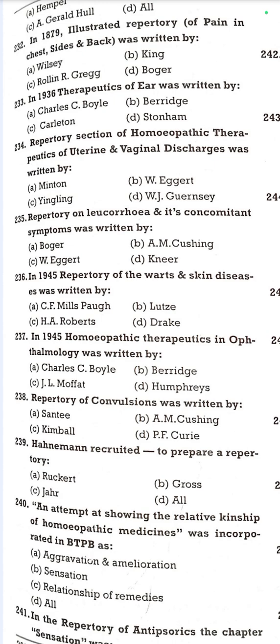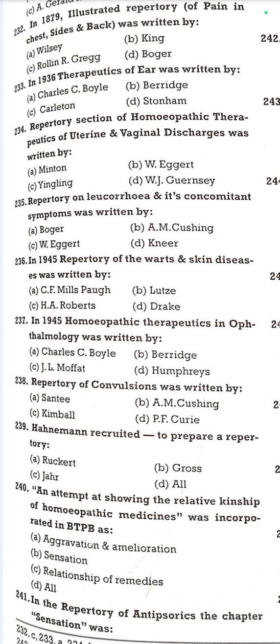In 1936, Therapeutics of Fever was written by Charles C. Boyle. Next question. Repertory section of Homeopathic Therapeutics of Uterine and Vaginal Discharge was written by W. Eggert.